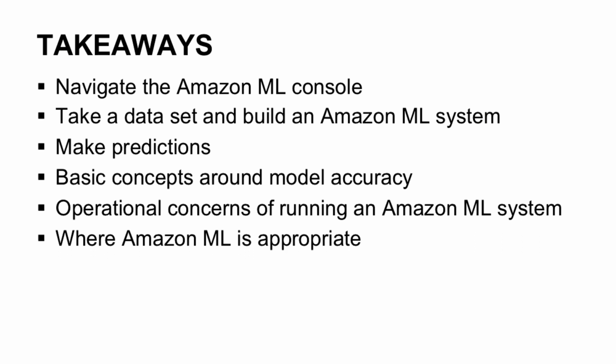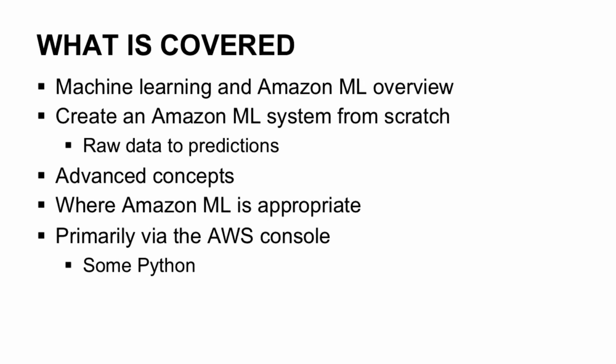Unfortunately, part of data science is building enough models that you get a sense for model accuracy, but we definitely talk about the tools that AML provides in order to evaluate model accuracy. You'll also have an understanding of the operational concerns around running a real AML system. AML is not appropriate for everybody, and we'll talk about when AML is appropriate and when another solution might be a better fit.